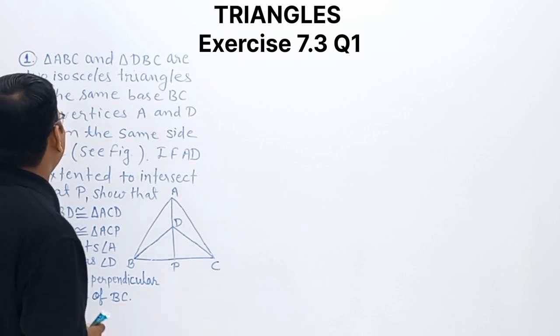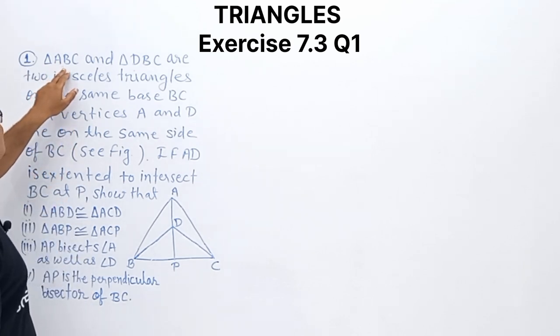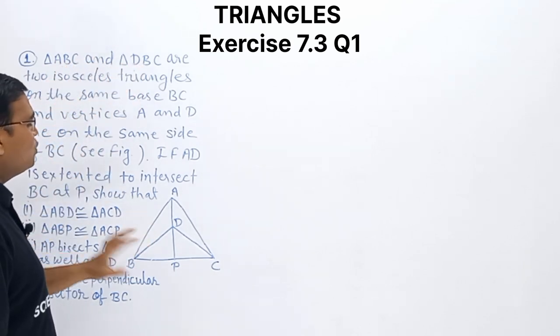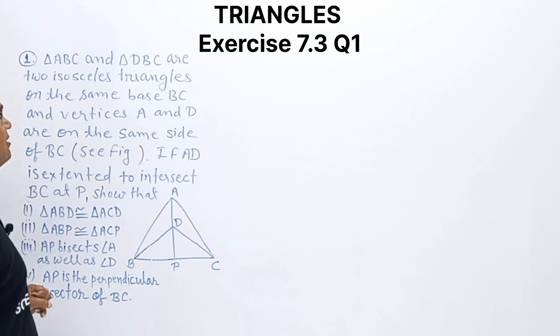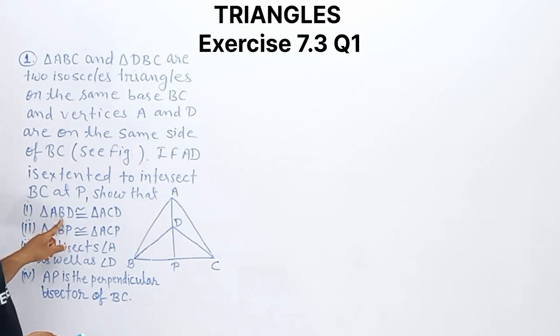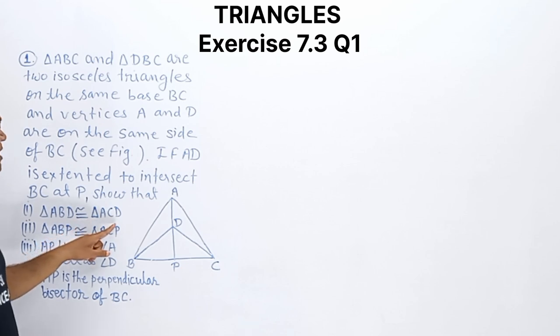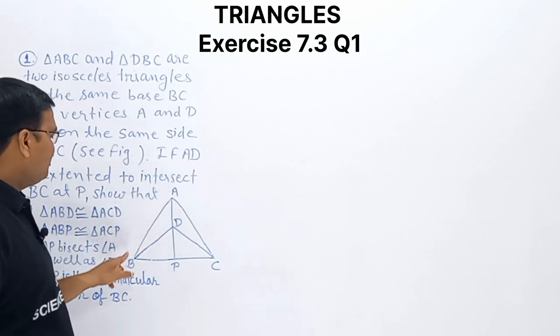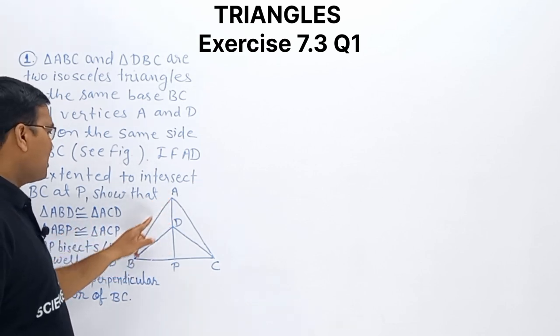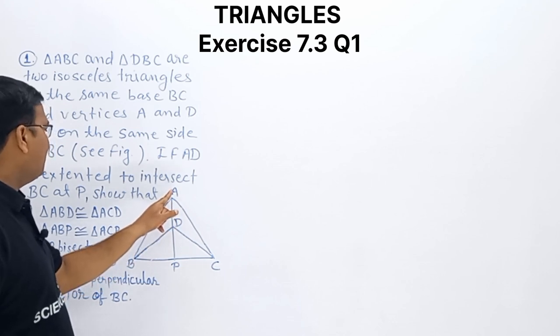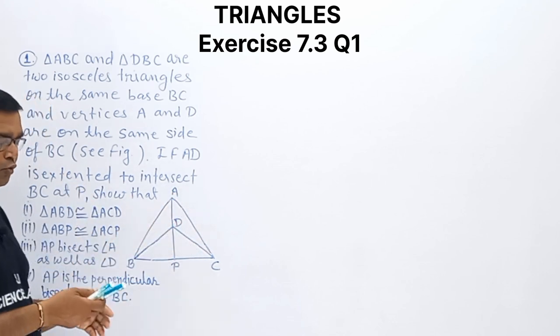We are having ABC and DBC as two isosceles triangles, and isosceles triangles mean two sides of the triangles are equal. Clear? Now we want to prove triangle ABD is congruent to triangle ACD. We want to show this one.